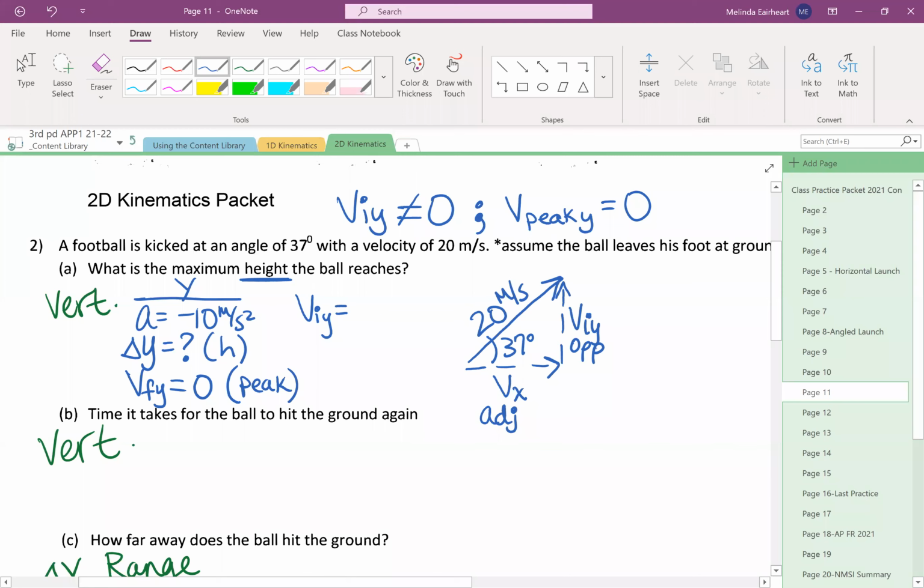X and Y are always 90 degrees from each other. So that 20 meters per second is your hypotenuse. If I know the hypotenuse and the angle, how do I figure out that initial vertical component? Which trig function?